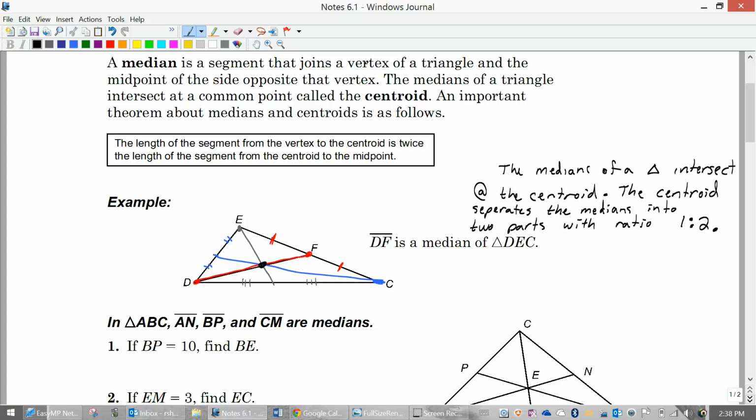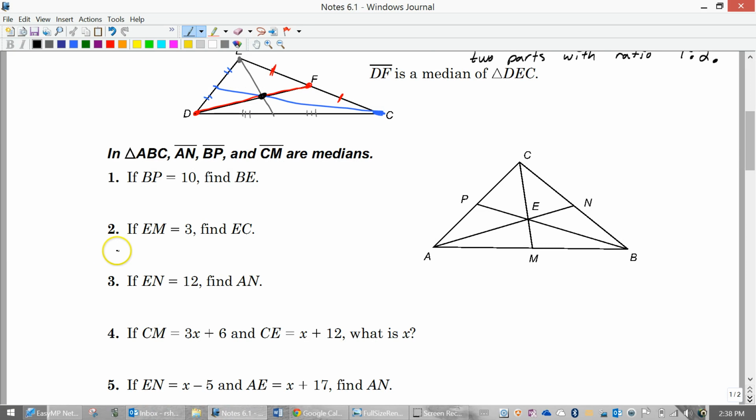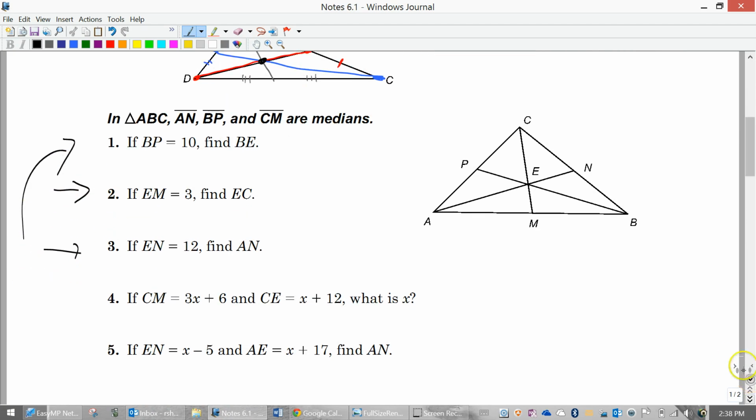I didn't draw anything out or write anything out because we're going to write the geometry out while we're running out of time. So let's do number 2 first, 2, 3, and then we'll go back to 1. Okay? In terms of number 2, if EM in this picture is 3, what would EC be? Okay?